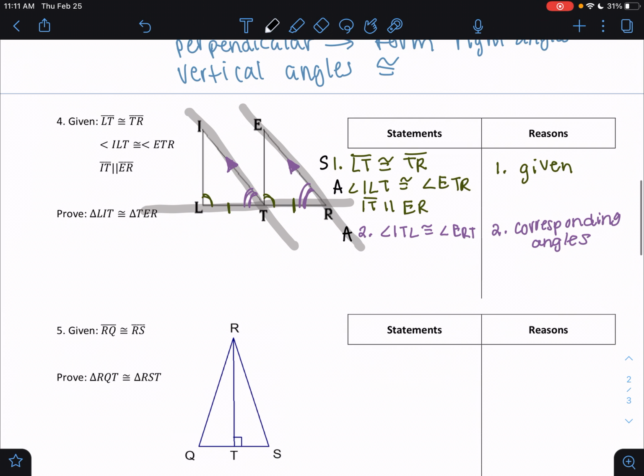So I have an angle, and a side, and my order of them in my triangles is angle, side, angle. And so my proof is going to be angle, side, angle. And then I just write out my proof.